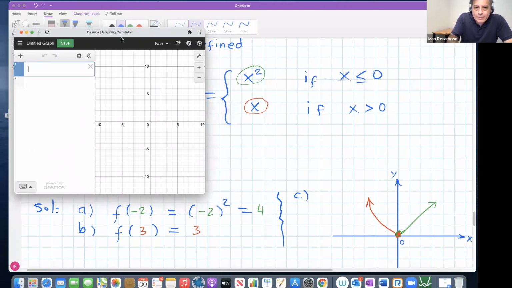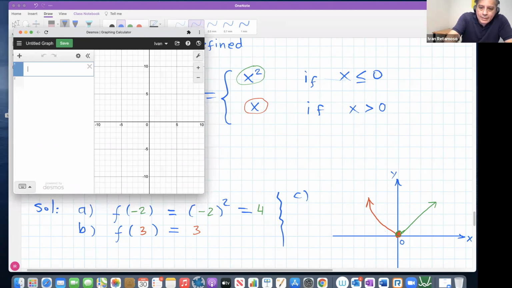If you want to graph a piecewise function, you simply do this. First, graph this part, x squared, right? Y equals x squared. Whole parabola, right? But now you want this just for x less than or equal to 0. Write that condition, less than or equal to 0, within braces. This is how the Desmos graphing calculator works. And you can see now that it graphs just the left part of the parabola, right?